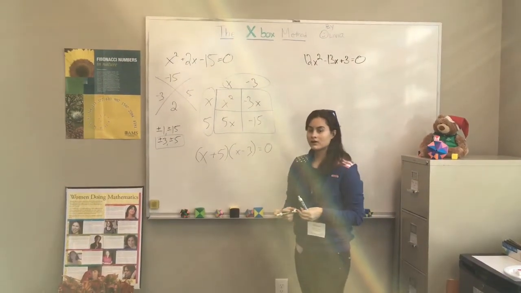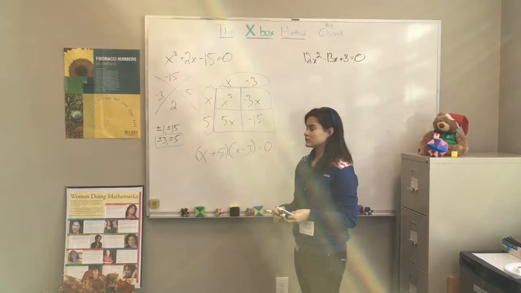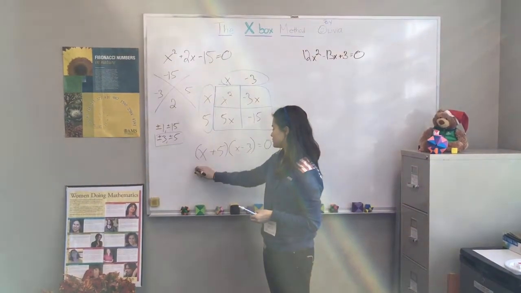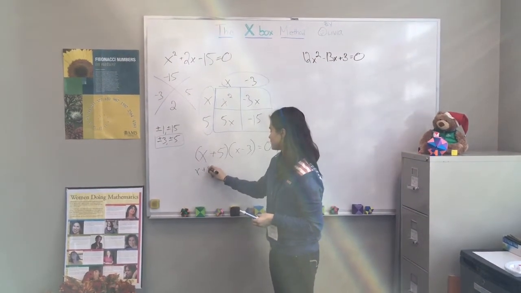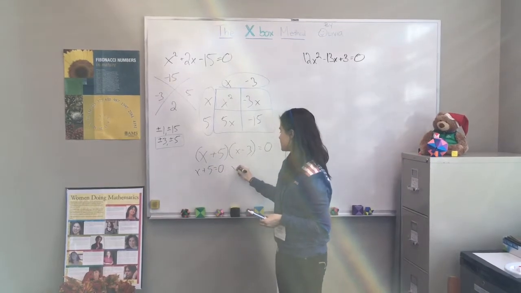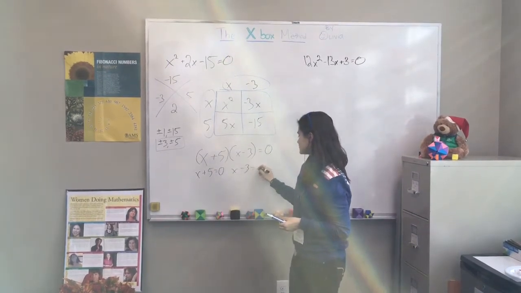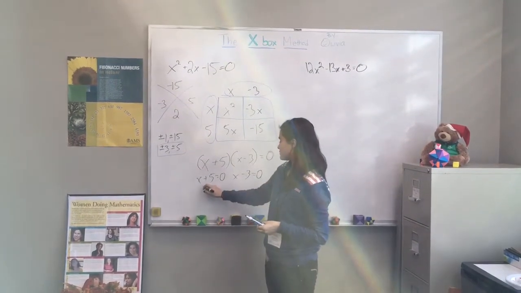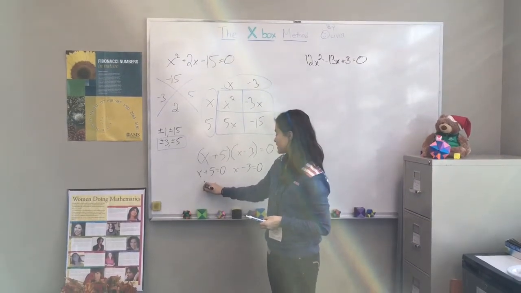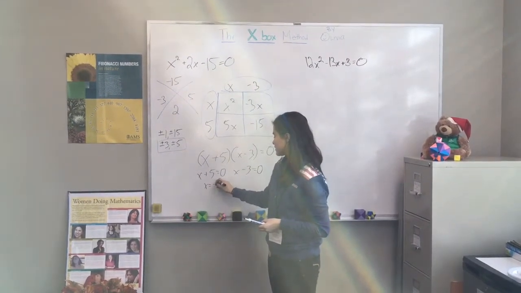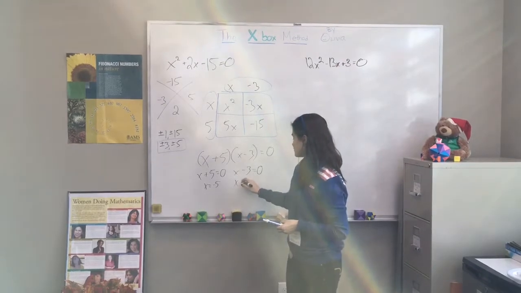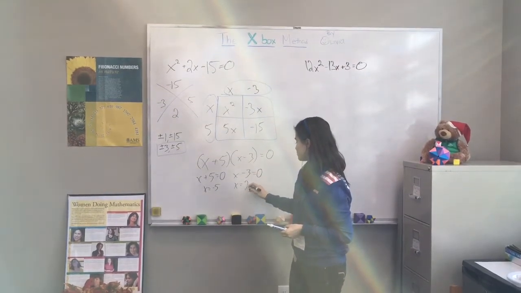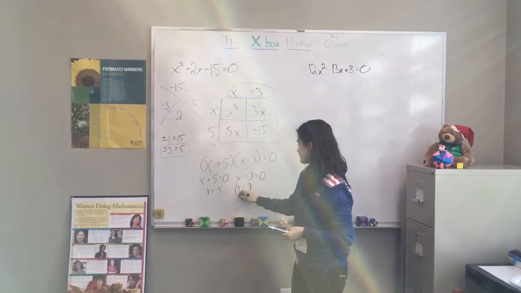Now if it asks you to solve for x, you can do that as well and break this up into x plus 5 equals 0 and x minus 3 equals 0. Solve for x by subtracting 5 from both sides, and you get x equals negative 5. And add 3 to both sides to get positive 3.